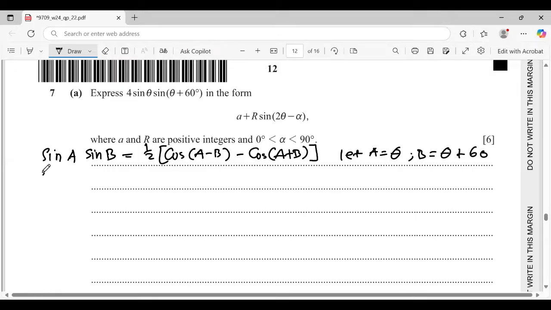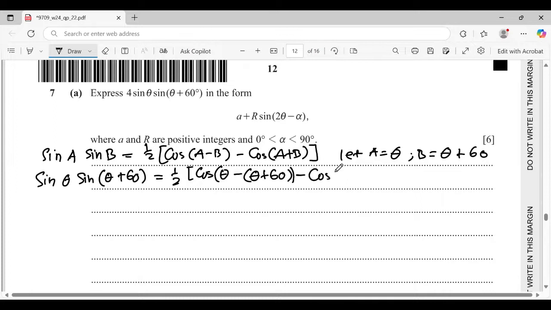So it means sine theta plus 60 equals 1/2 times cosine theta minus theta plus 60 minus cosine theta plus 60.